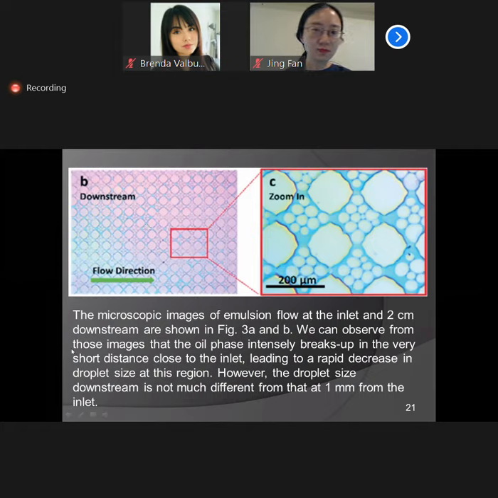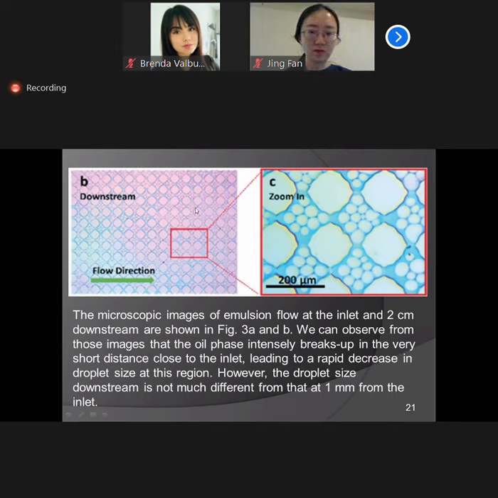We can see that within a very short distance close to the inlet, the oil droplets are broken into small droplets, but after 1 millimeter from the inlet, the droplet size remains almost the same. It won't change after the 1 millimeter distance.